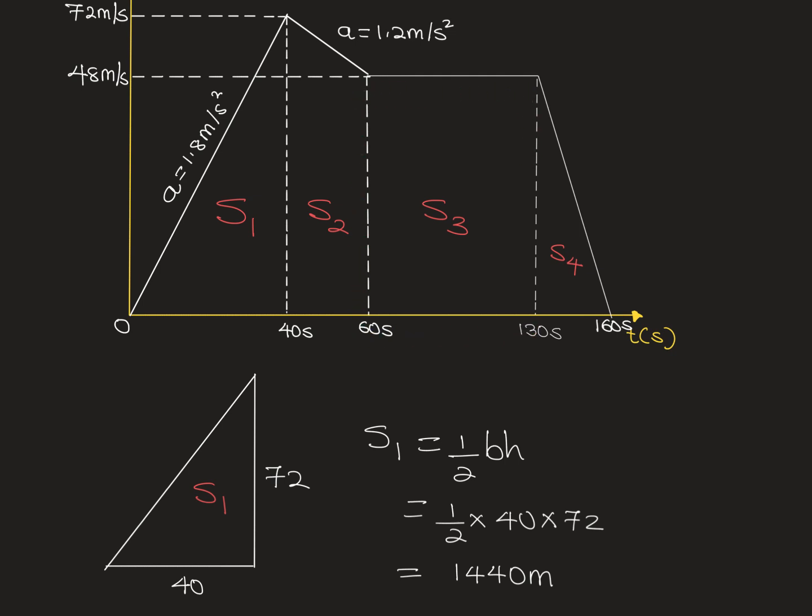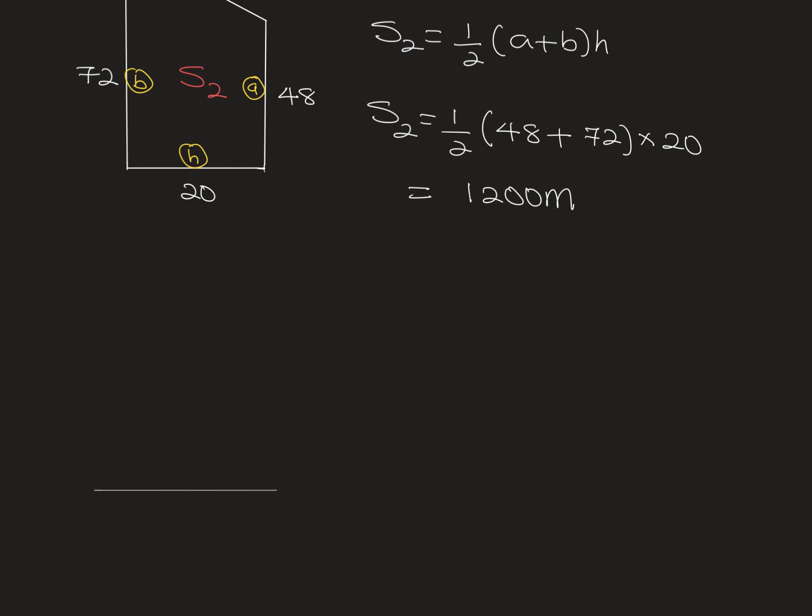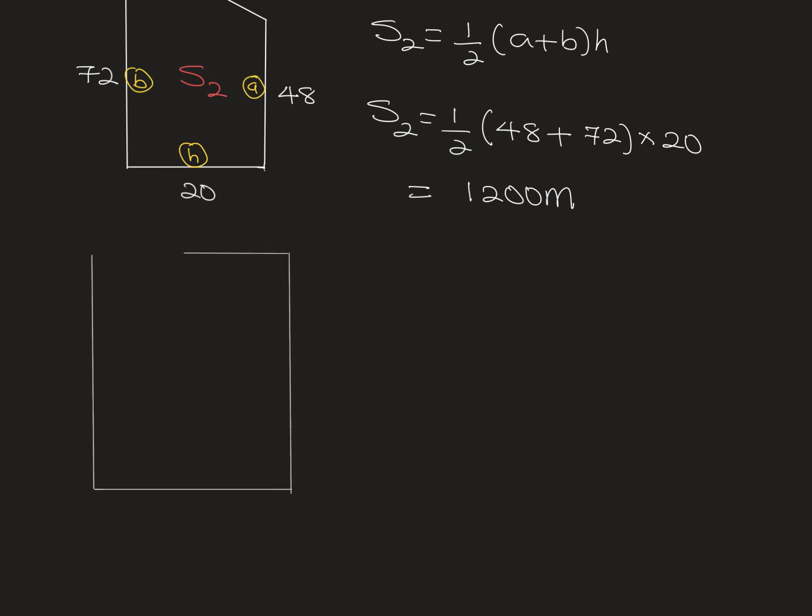Moving on, if we want to find S3, the shape of S3 is a rectangle. The time is 70 seconds. The velocity is 48 meters per second. So let's try to draw that. We have 70 here.